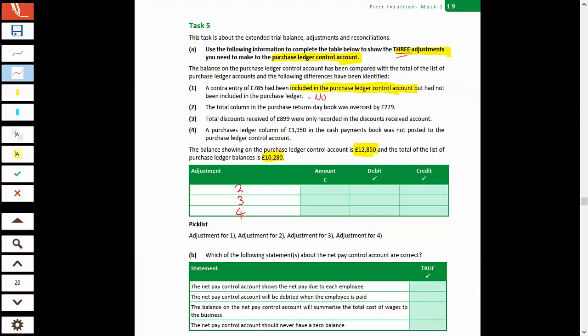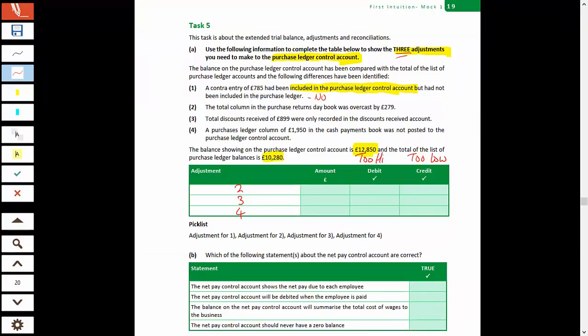We know it's a liability, and we know that generally when we buy goods on credit, we express it as a credit entry in the purchase ledger control account. So we're going to make an adjustment on the credit side if our amount is too low. If we need to increase what we owe, it's going to be a credit entry. And the opposite, if we need to reduce our liability, if the adjustment we're going to make is going to reduce that amount, that's because our liability will simply be too high.